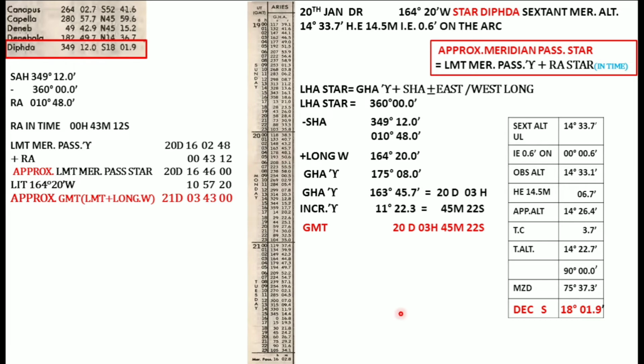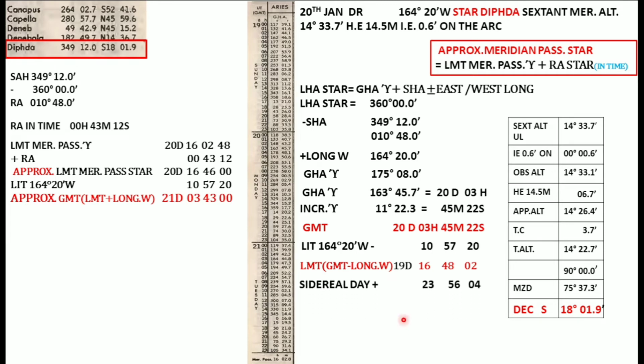Once I found my GMT date, I should confirm with my LMT. So I use my LIT here and get my LMT. Now here my LMT is the 19th day. So my GMT date should be 21st.